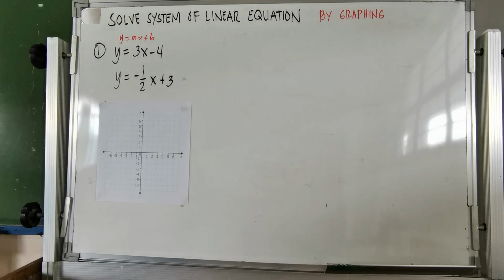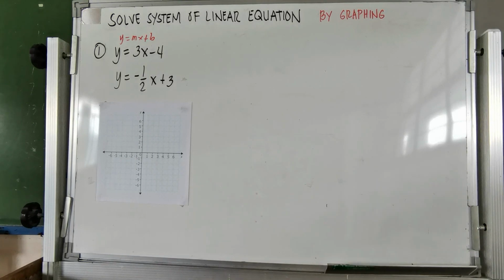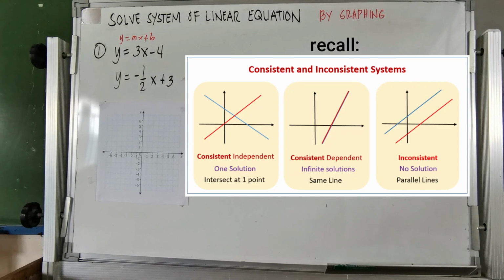an ordered pair. So pinag-aralan naman natin sa introduction natin ng system of linear equations na meron tayong system na tinatawag na consistent independent. Ito yung system na merong iisang solution or the graph is intersecting. Pinag-aralan din natin yung system na tinatawag na consistent dependent or the graph is coinciding.